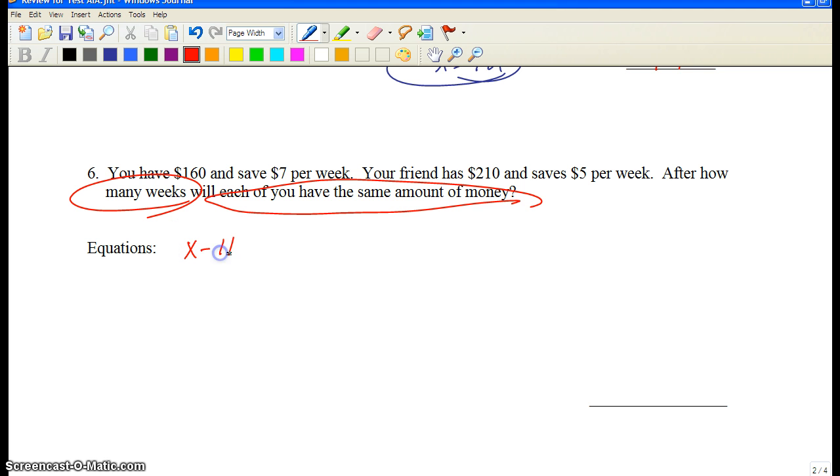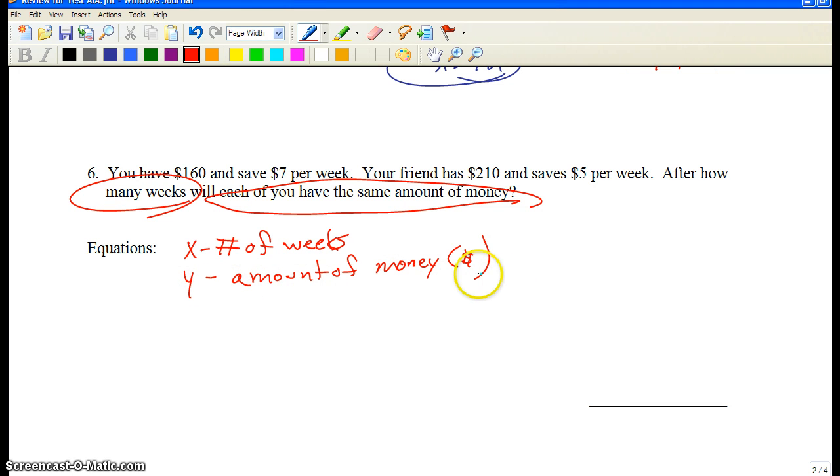So x is the number of weeks. Y is the amount of money, in dollars, straight from that purpose statement. From that, let's take a look. You have a total of $160 and you save $7 a week.